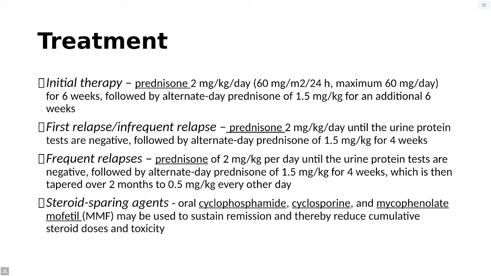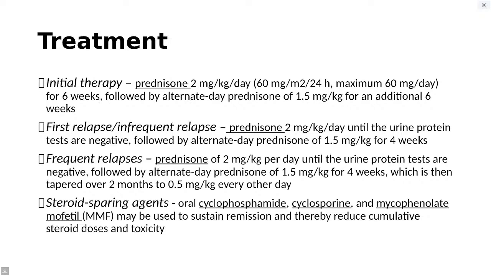What about the treatment? The initial treatment is prednisone. The dose of prednisone is 2 milligrams per kilo per day, maximum 60 milligrams per day for 6 weeks, followed by alternate day prednisone of 1.5 milligrams per kilo for an additional 6 weeks.